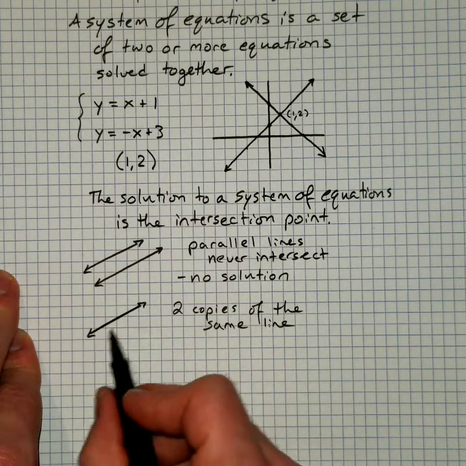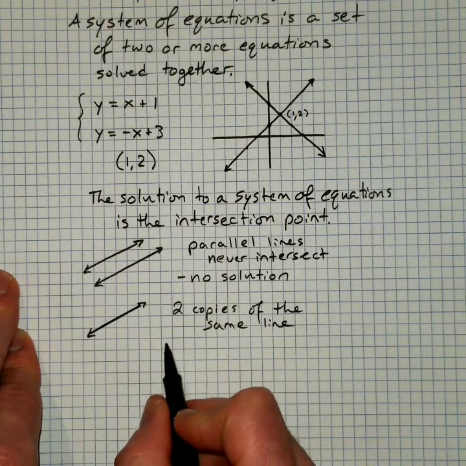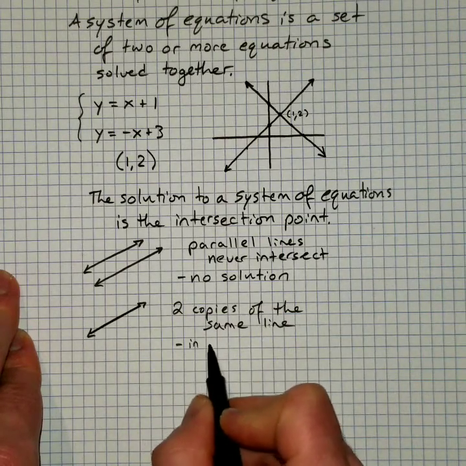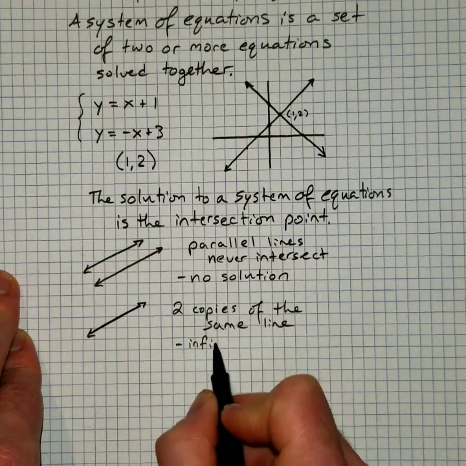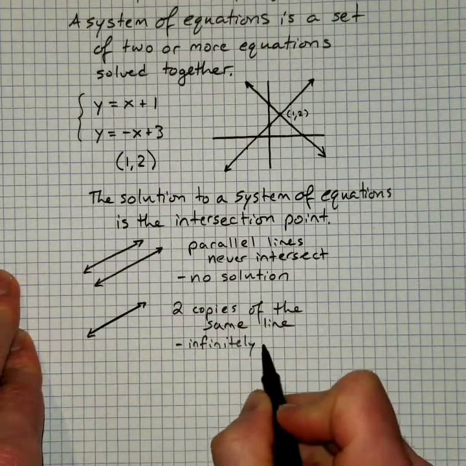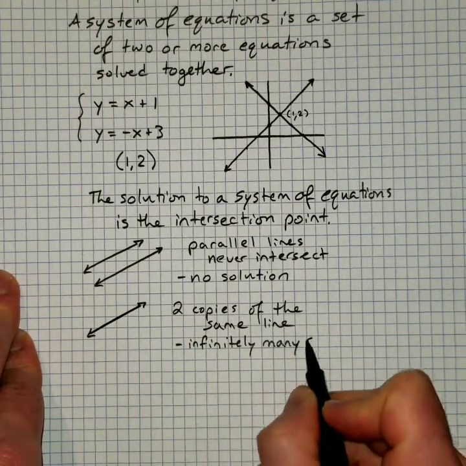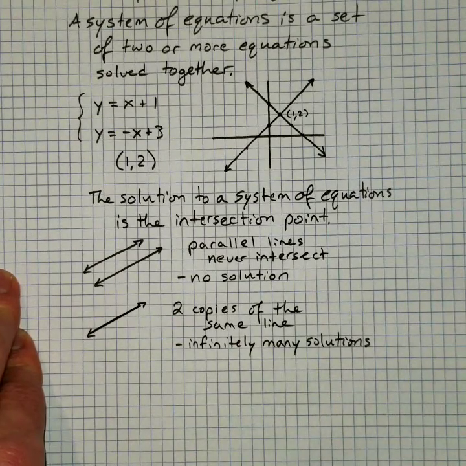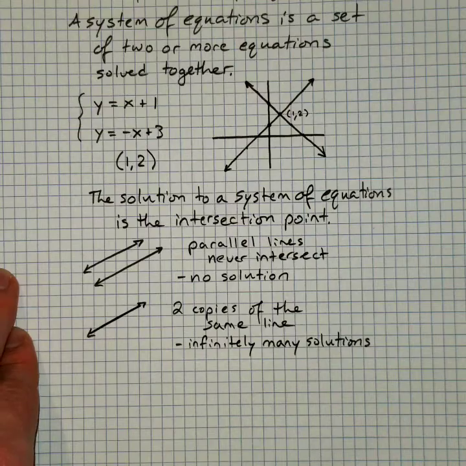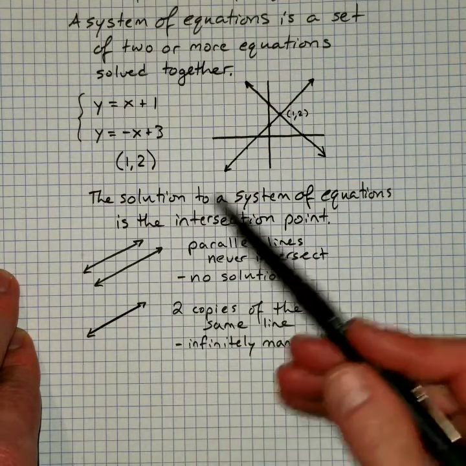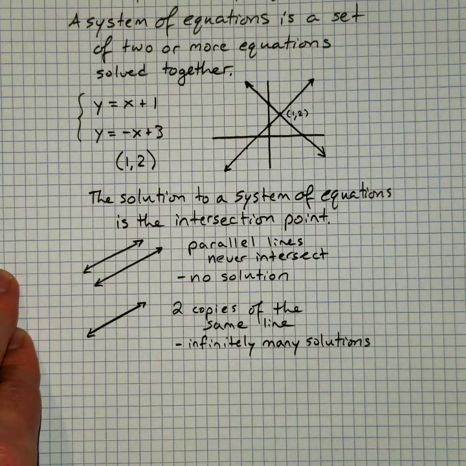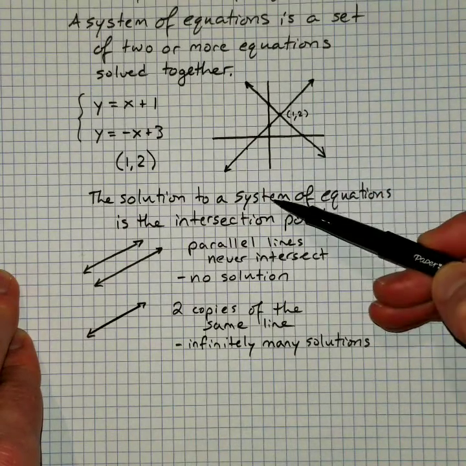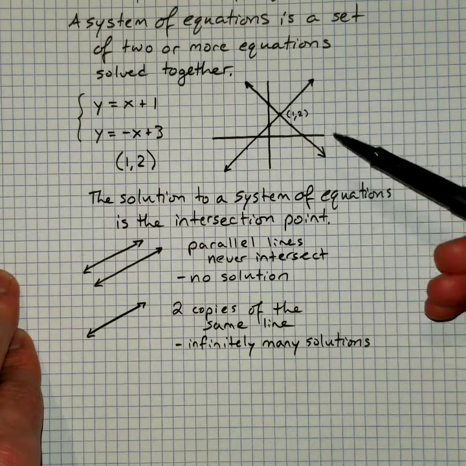And so, because there are infinitely many intersections, or infinitely many points on the line, you would say there are infinitely many solutions. Now, you can't have two intersections because you'd have to have the graph curl back around to the other line, and then it's no longer a line.